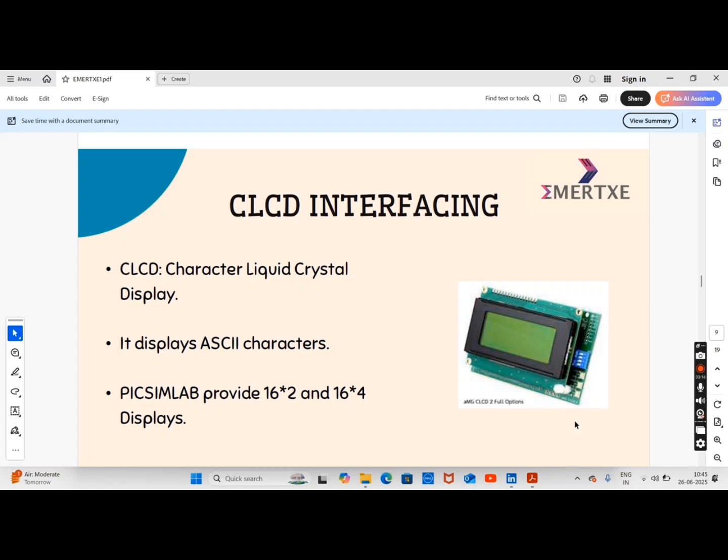In this display we write ASCII characters, and PiximLab provides 16x2 and 16x4 displays. In our project there is a 16x4 display.